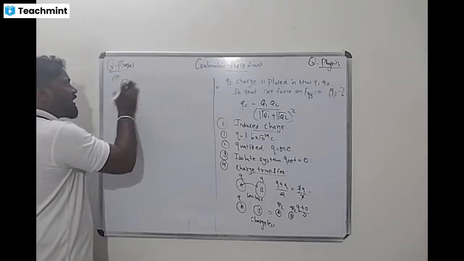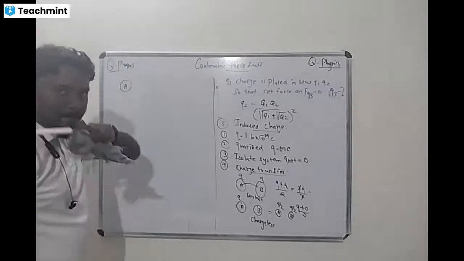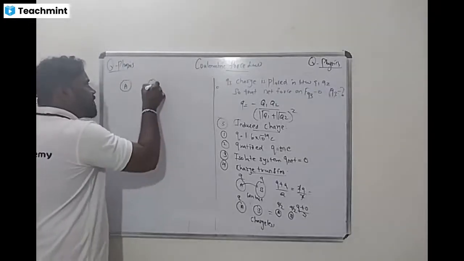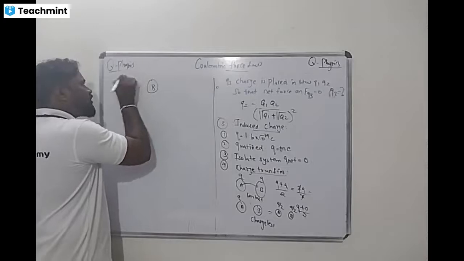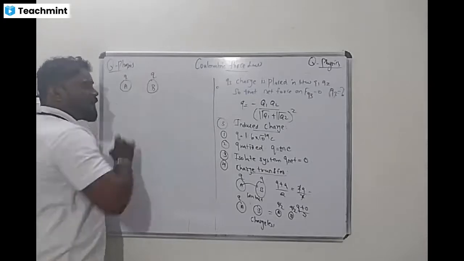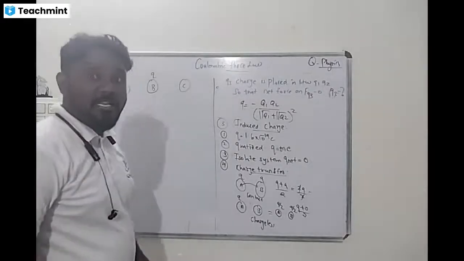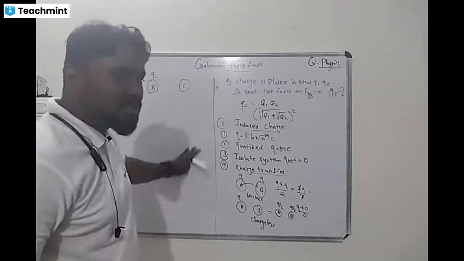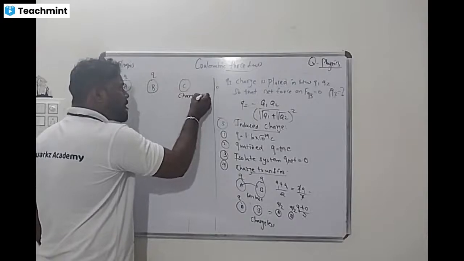So this is a system, A, and this is another system, B. System A has charge q. Now I take another system, C, which is chargeless.